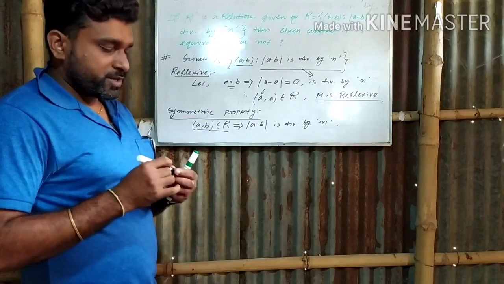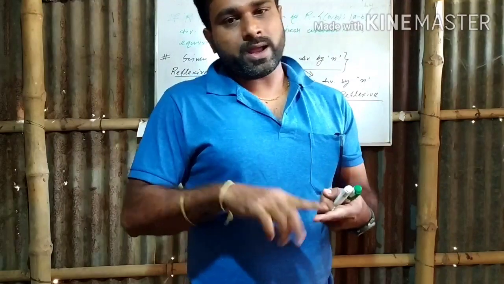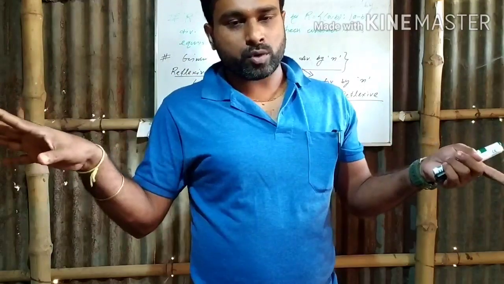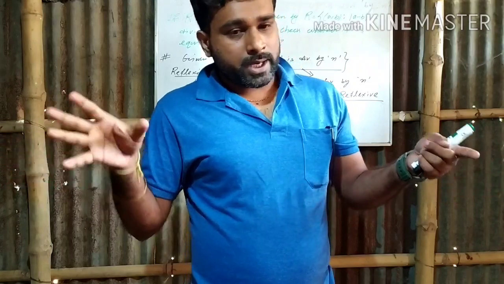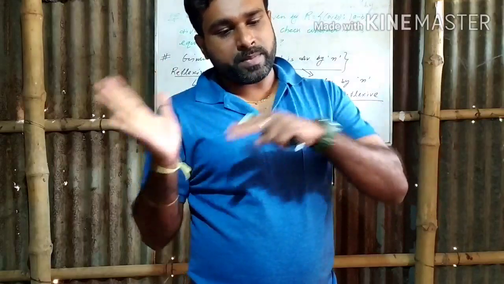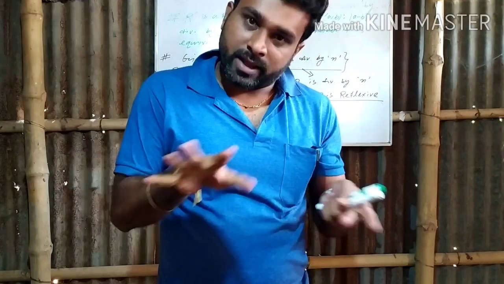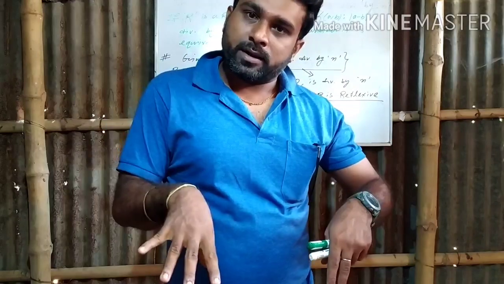Now the symmetric property is what? As I told you, the symmetric property: A comma B, the relation between A and B. A and B both are friends. Now if you interchange their position, A and B both are friends, B and A, are they enemy? Are they also friends?